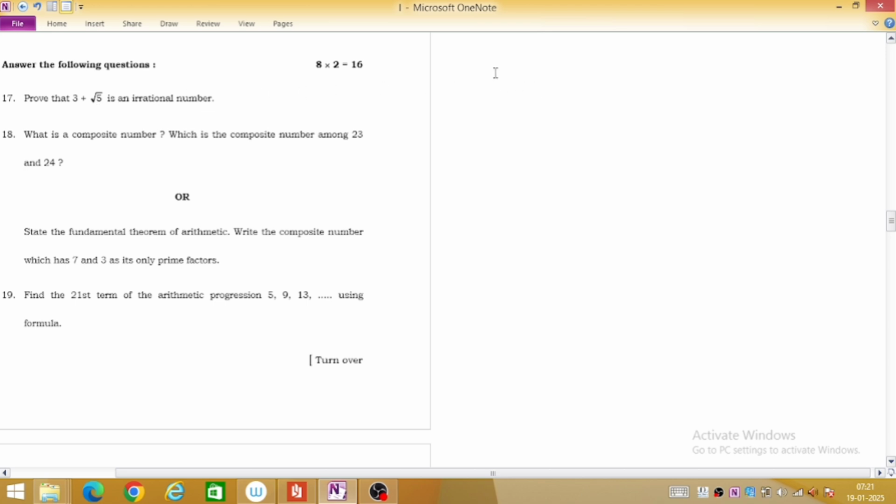First you start here. You write: let 3 plus root 5 be a rational number. A rational number is of the P by Q form.